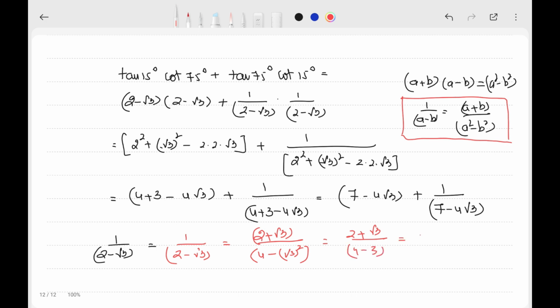That is equal to 2 plus root 3. So we can write 1 by 2 minus root 3 as 2 plus root 3. That also we can do.